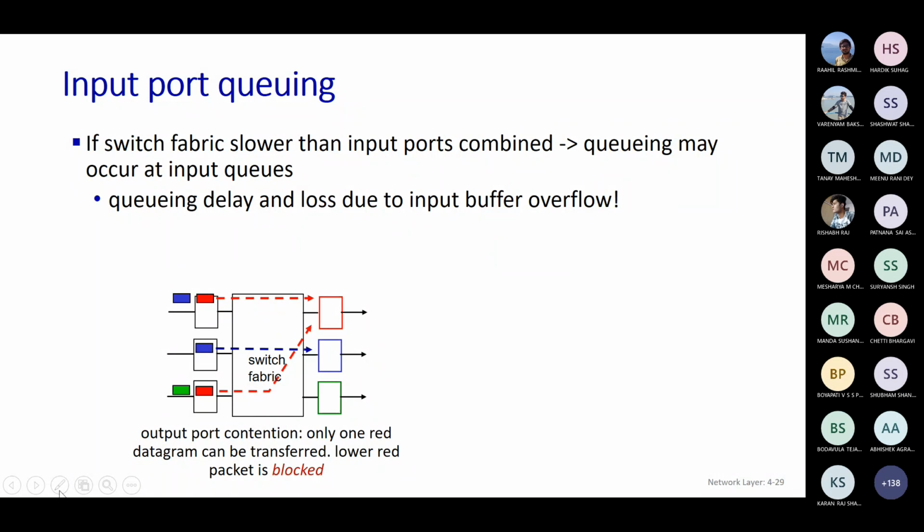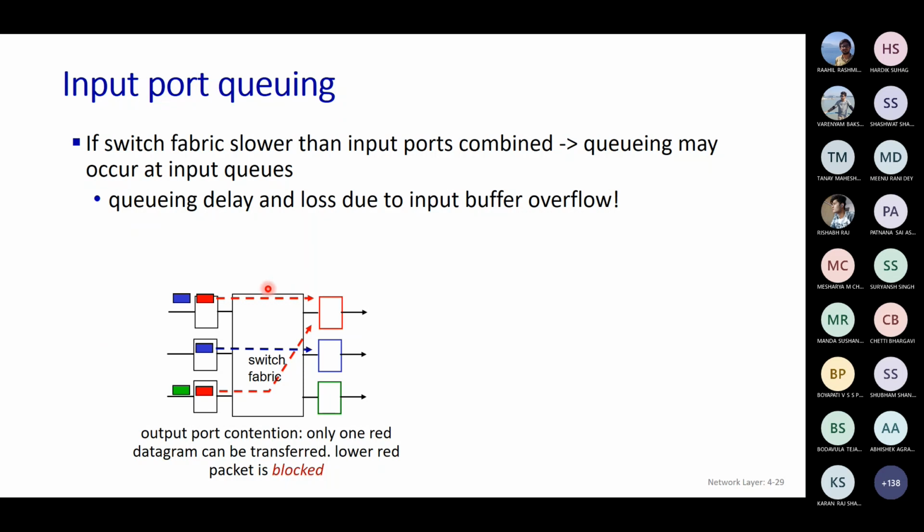So you have this switch here. Now there are packets. The red colored ones are supposed to go to output port 1. The blue colored one is supposed to go to output port 2. And there's the green colored one also. Now, if we are having queues here, what would be the problem?